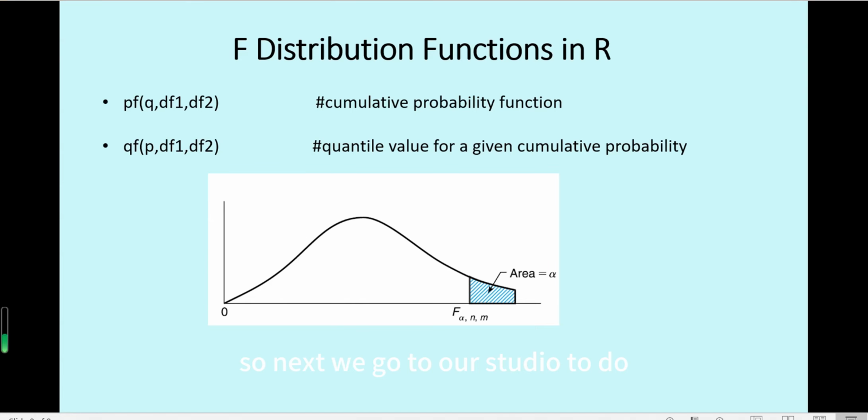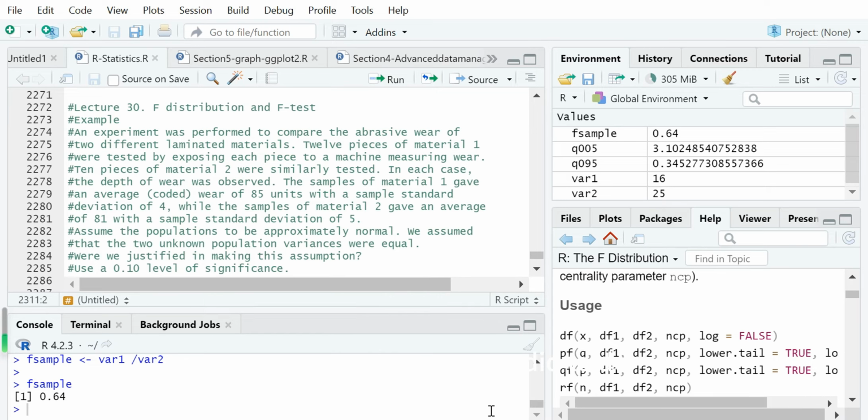So next we go to RStudio to do the F-test for this same example. So this example is written here with the same information for the two samples and the standard deviations. And the question is, if we assume that two population variances are equal, can we make a justification from the sample, right?